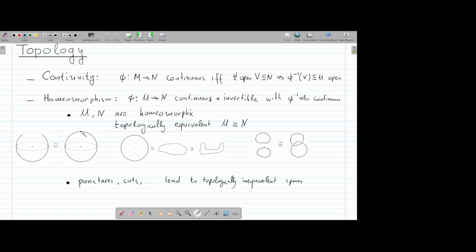Homeomorphisms allow you to deform spaces in any way you like, but you're not allowed to include punctures, cuts, gluing, and such operations, which would not make those spaces homeomorphic.